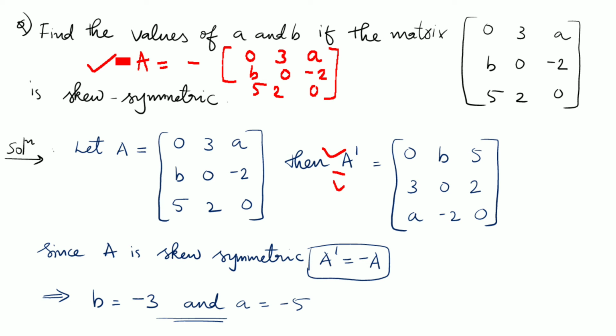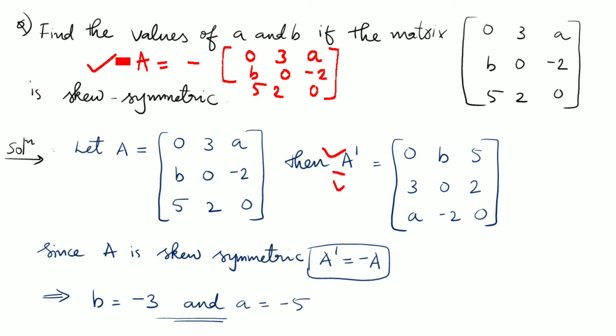So here you have the value for B as 3, but for this 3 there is a negative sign over here because it is minus A. So the answer for B is minus 3. Okay, similarly for A, see here A, you have the answer as 5, but this 5 carries a negative sign.